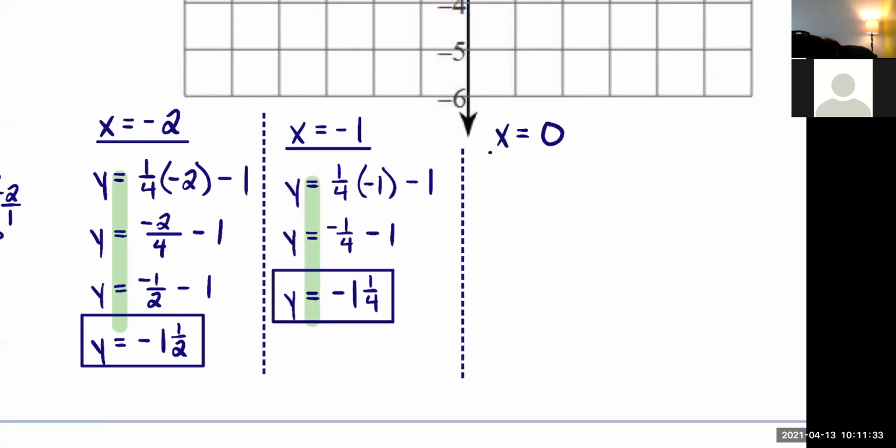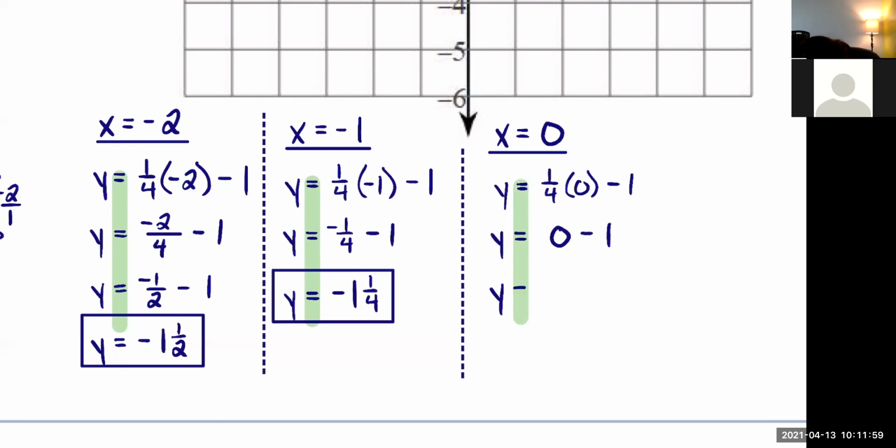I like zeros. So I get y equals 1/4 times 0 minus 1. You know why I like zeros? Because anything multiplied with 0, fraction, decimal, or anything, is always 0. So 1/4 times 0 is 0.